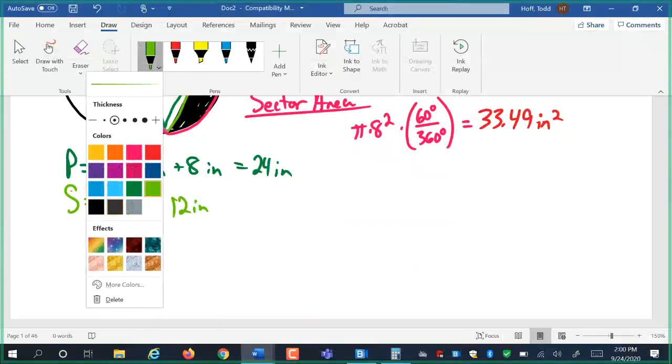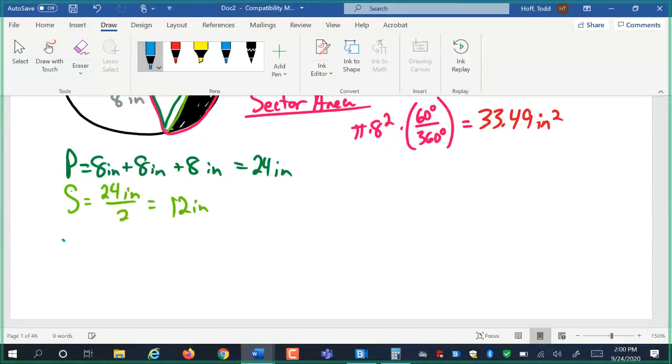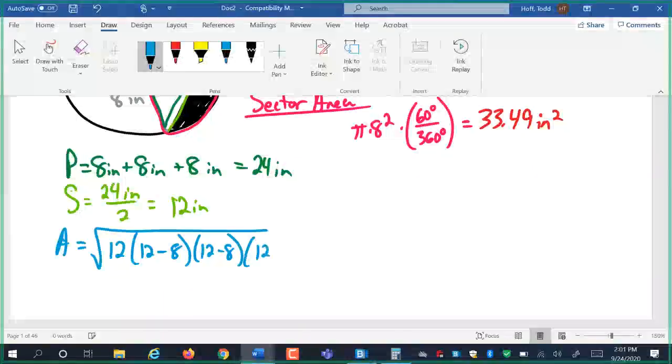And that gives us a formula for the area of that triangle: the square root of 12 times 12 minus 8 times 12 minus 8 times 12 minus 8, since all three sides are 8.